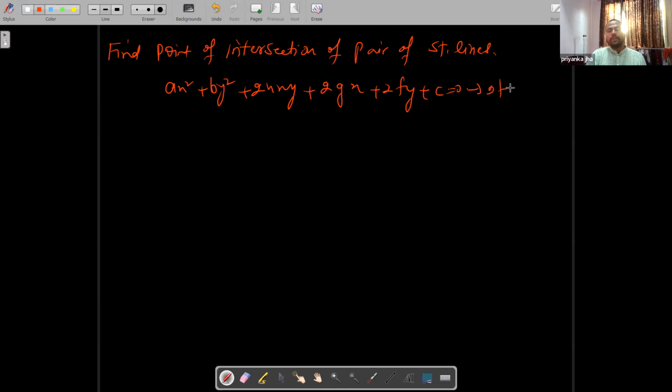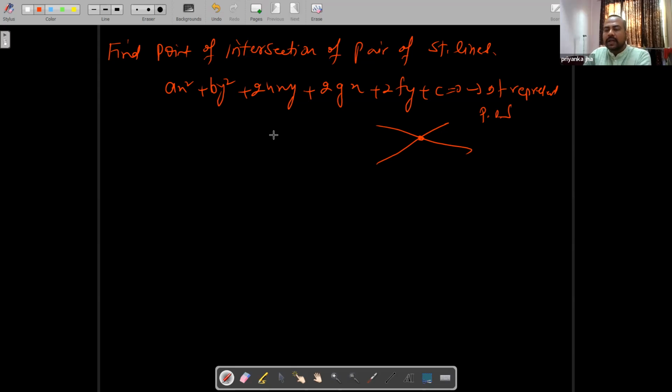Suppose it represents a pair of straight lines. In case it represents a pair of straight lines, then it will represent two lines. How to find the point of intersection of these two lines? One way is you just have to solve this and find the equations of the two different lines and then solve them simultaneously. You will get the point of intersection.